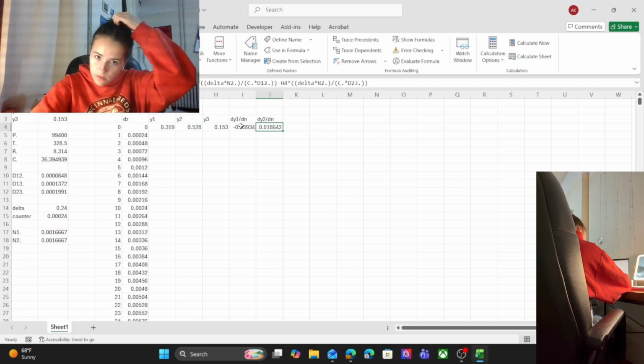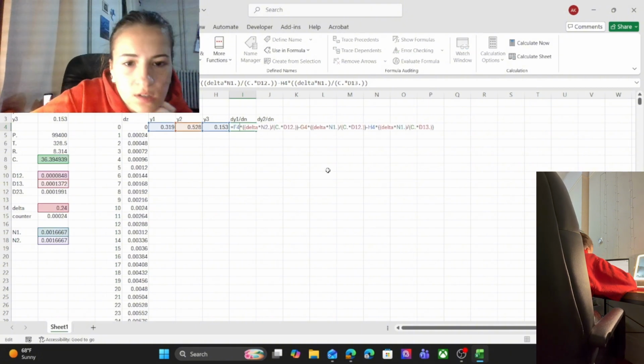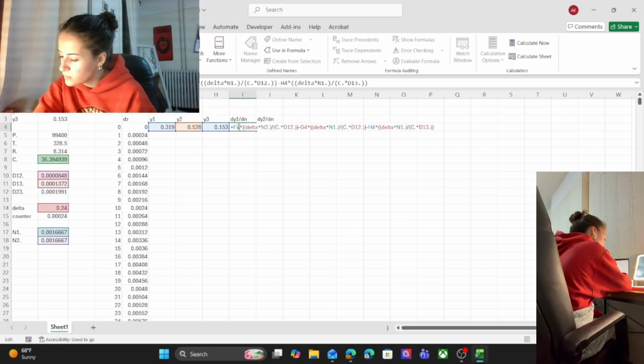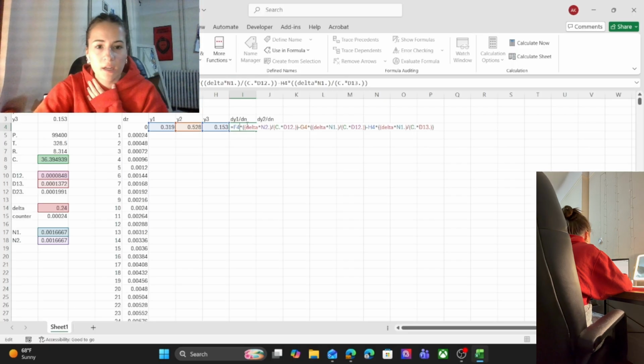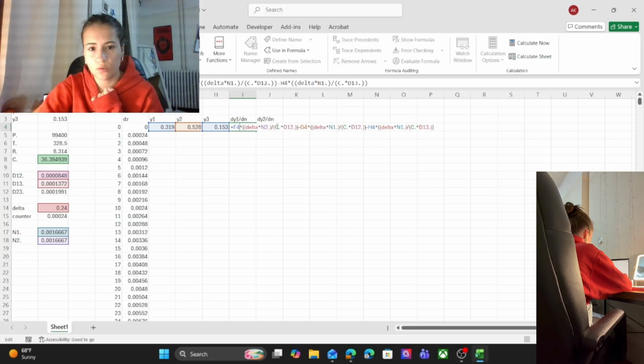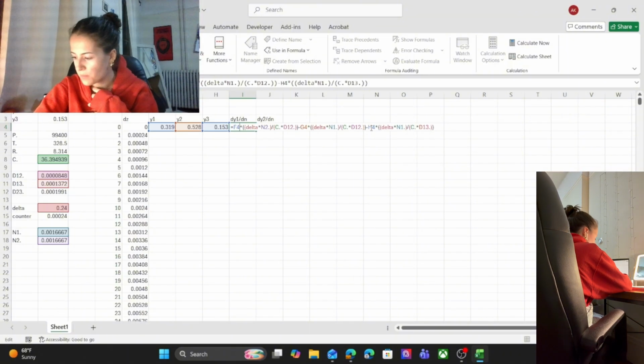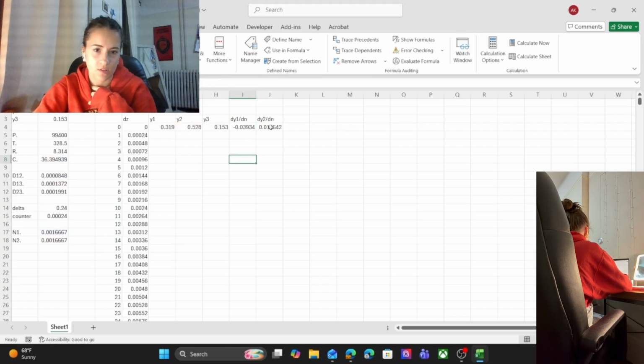All right, so this is what we have for our two values here. We can double check. We're doing Y1 times delta N2 C D12 minus Y2 delta N1 C12 minus Y3 delta N1 C13. So that should be good.